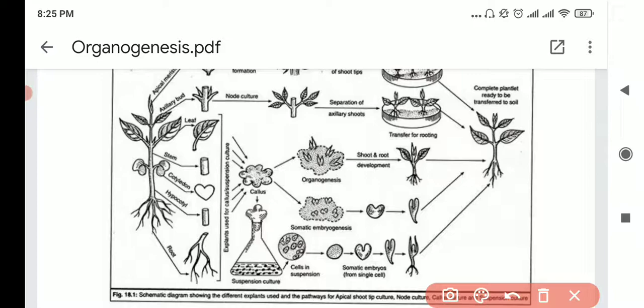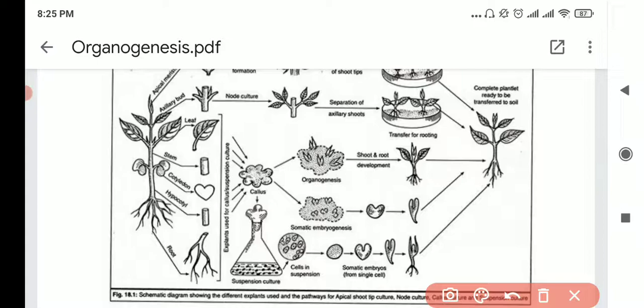Like for me, my somatic cells are any part of my body other than my ova, any diploid part. Same in plants: any root, shoot, stem, except for pollen grain and the ovule, those are the germ cells, and the rest are somatic. If you create an embryo from there, it is a somatic embryo.